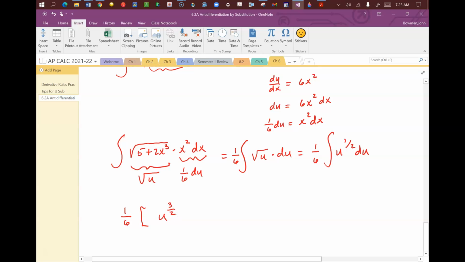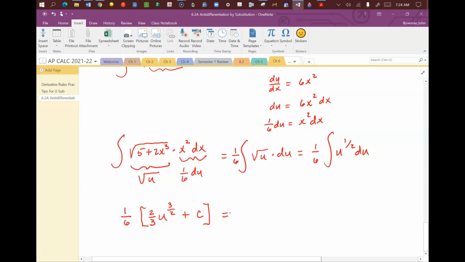If we were to differentiate that, we would end up with the 3/2 coming down, and we want that to cancel, so we're going to put a 2/3 there, and then we put our plus c. So that is our antiderivative in terms of the variable u, and you can verify that if you want to, differentiate that to find that you get 1/6 u to the 1/2.